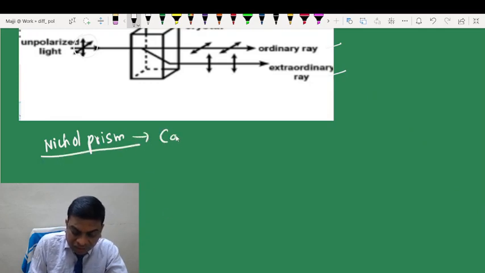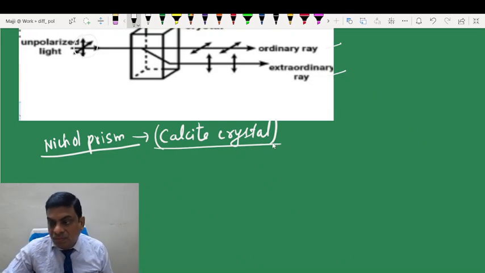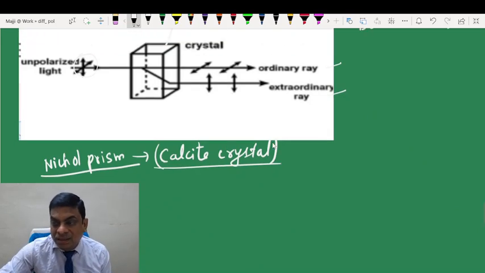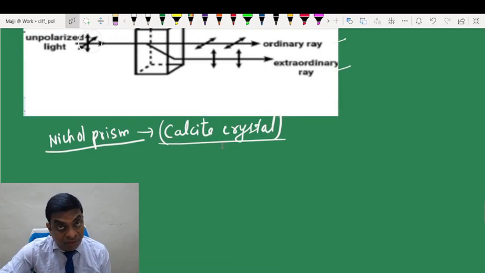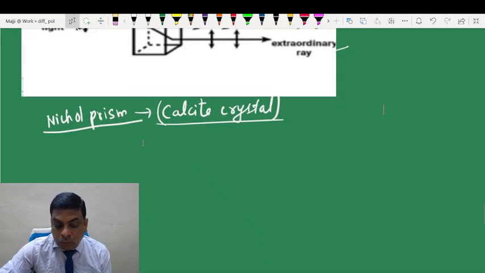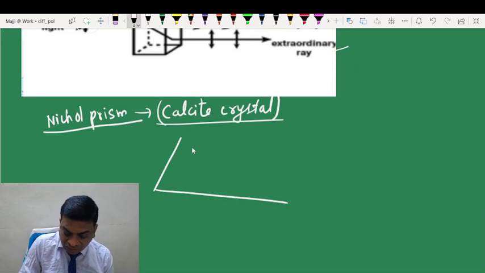So the Nicol prism is basically a calcite crystal. In brief, I'll explain, students. No need to understand it in detail because we'll be learning this in engineering college. So calcite crystal, which is a doubly refracting material, two different prisms are taken, and they are properly cut at certain dimensions, at certain angles.